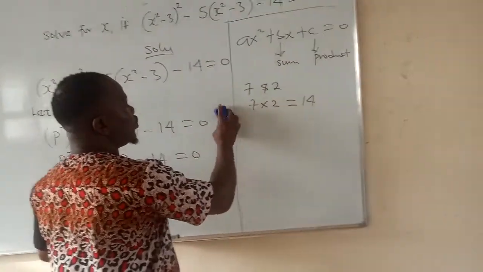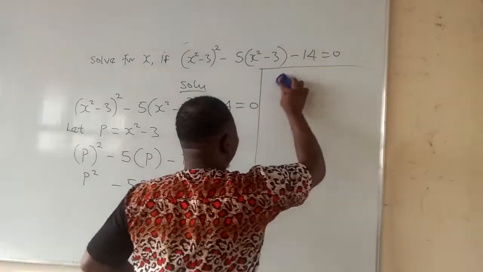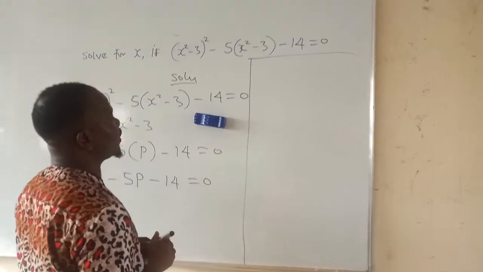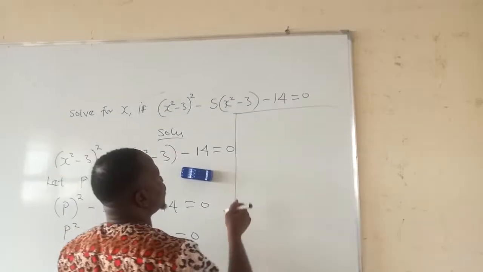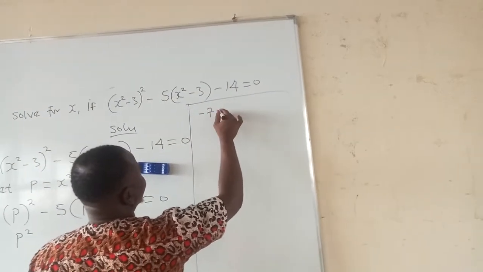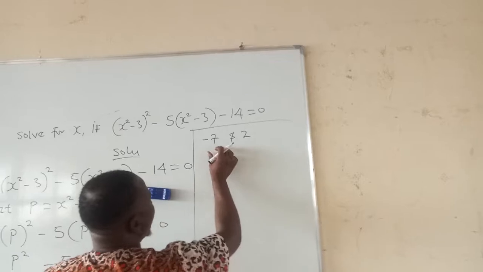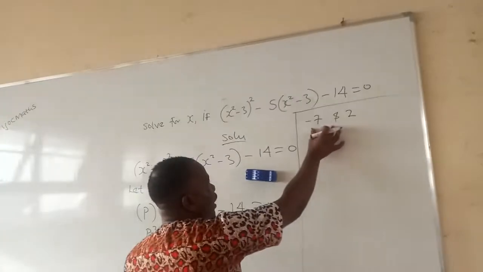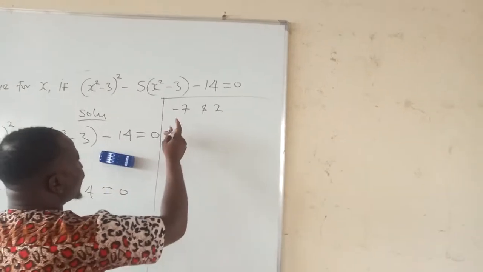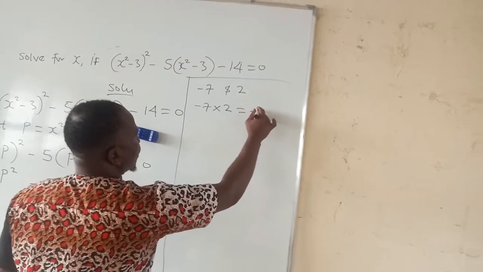Please listen very carefully. Let us consider the operation. Let us assume, okay, let 7 be negative and 2 be positive. Let us apply this procedure first, to see if it will work. If we use minus 7 to multiply plus 2, it will give us minus 14.